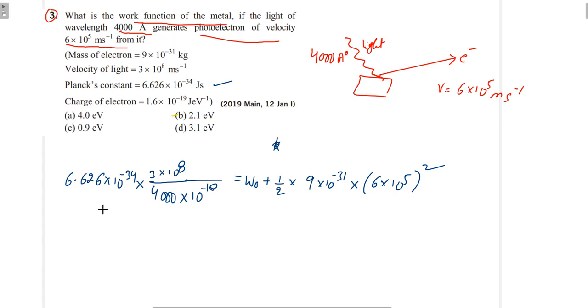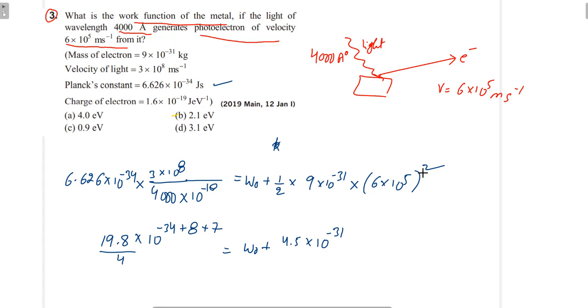First of all, I will do the powers. Multiply by 3. Approximately 6 threes are 18, and that gives 19.8, so 19.8 into 10 power minus 34. This 8 is there, that is plus 8. Here 4000 I can write as 4 into 10 cube, and 10 cube means here 10 power minus 7. Minus 7 if it goes up becomes plus 7. So down there is only 4. That equals W naught plus 4.5 into 10 power minus 31.